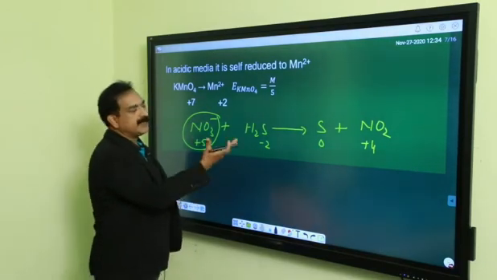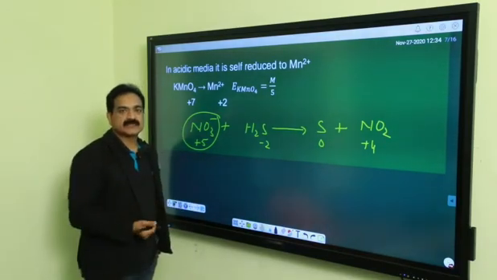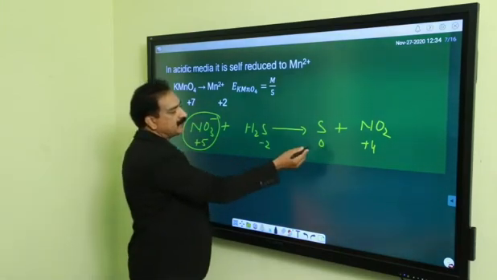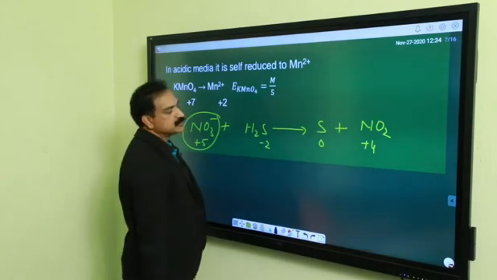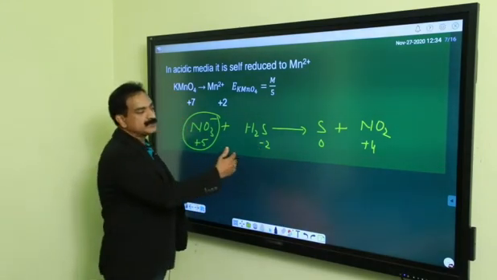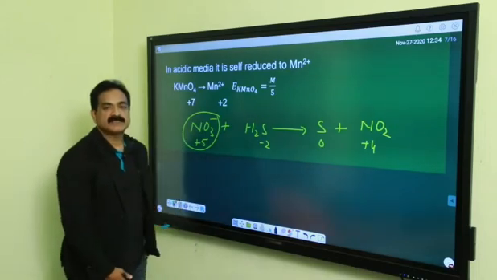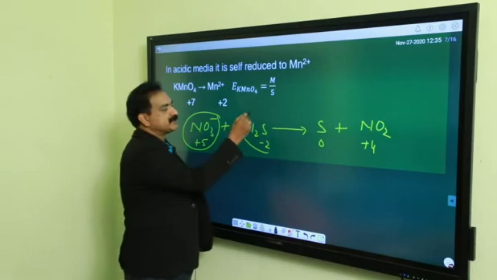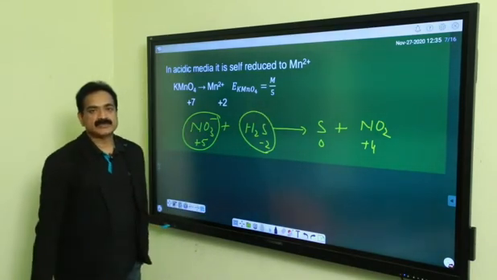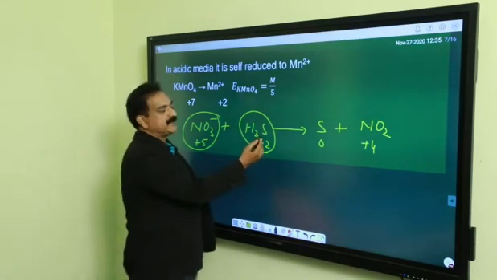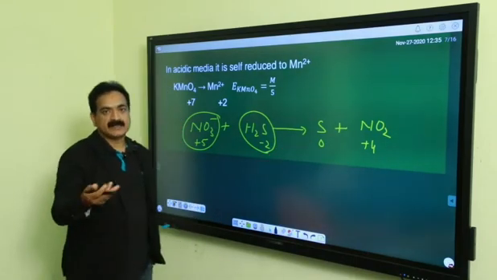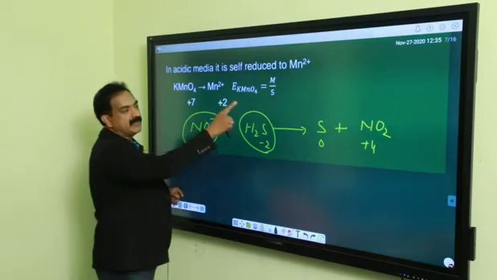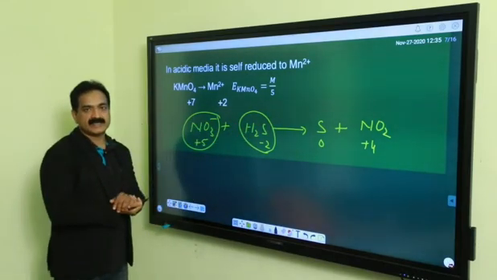So NO3 negative, the nitrate ion, is an oxidizing agent. In H2S, the oxidation state of sulfur increases from -2 to 0, so sulfur is getting oxidized. But we will call H2S as a whole a reducing agent, because a species which is oxidized acts like a reducing agent, and a species which is reduced acts like an oxidizing agent.